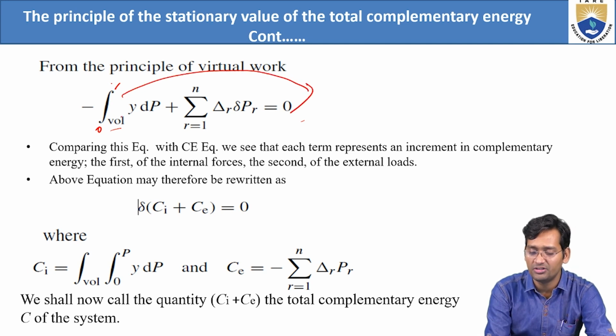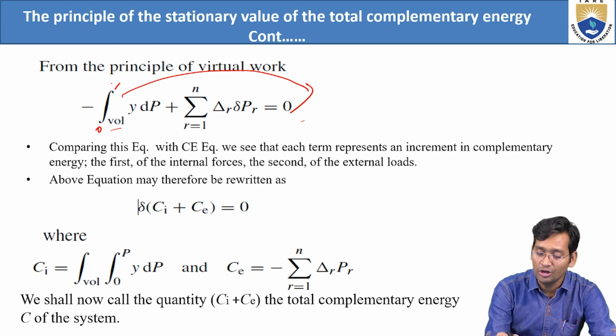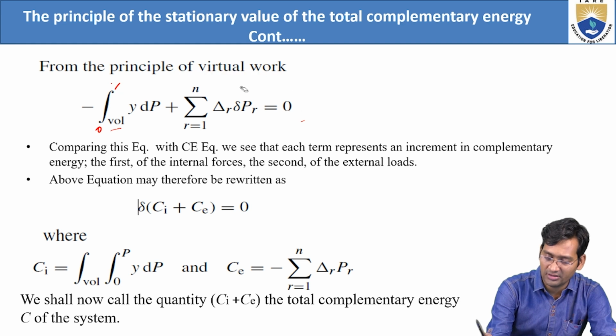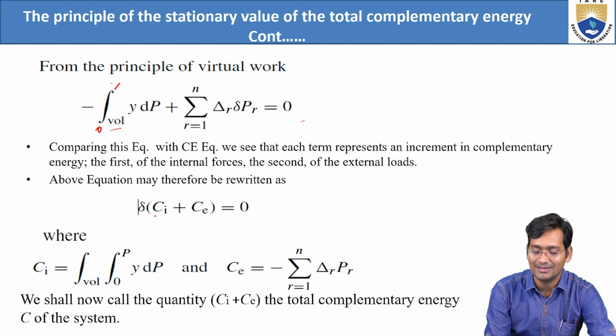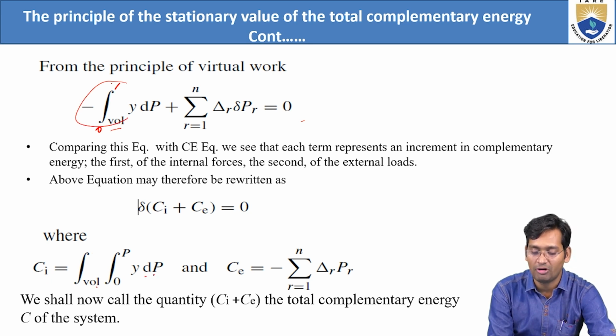So from here what you will get is the integral over volume of y dp equals the sum over r equals 1 of delta r into ∂Pr. Okay. Now instead of writing this in the bigger form, we write it in the smaller form. For this, Ci is the volume integral of 0 to p of y dp.